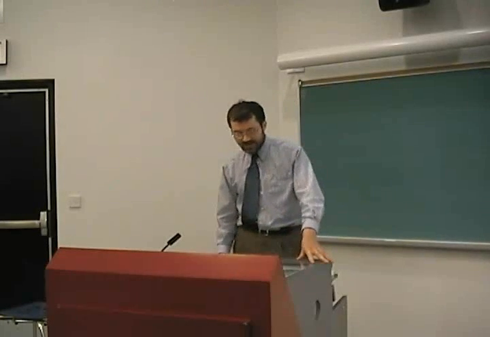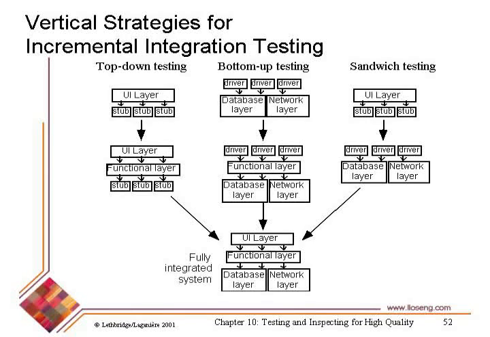Okay, so we have a number of strategies for testing illustrated graphically on slide 52. Top-down testing. Start with my UI layer with some stubs. Add on a functional layer with some further stubs that are testing the even lower level stuff. And finally, I put everything together with all my layers. Bottom-up testing.